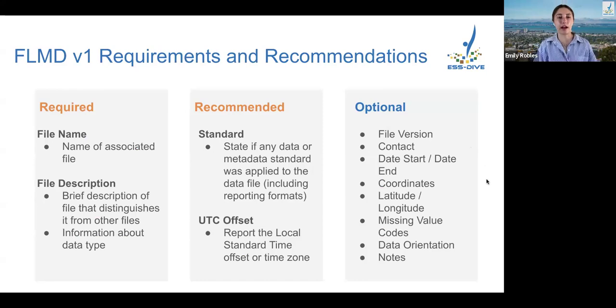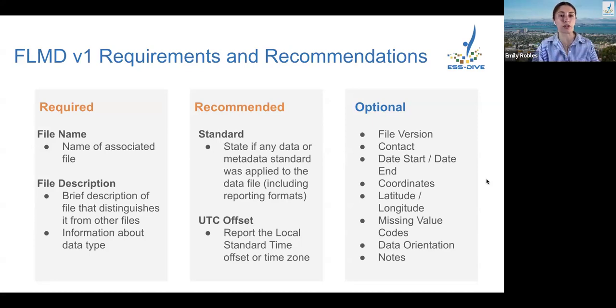So I want to start off by giving the overview of the version 1 requirements and recommendations. As you can see, there were a lot of optional fields. The required fields are file name and file description. We had 2 recommended fields, and then a lot of optional fields.